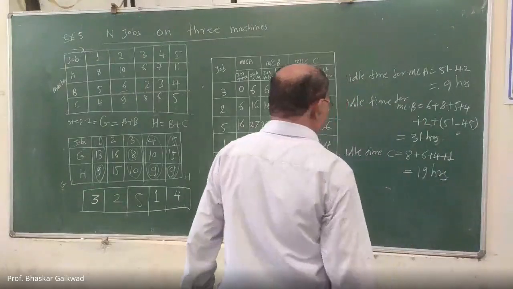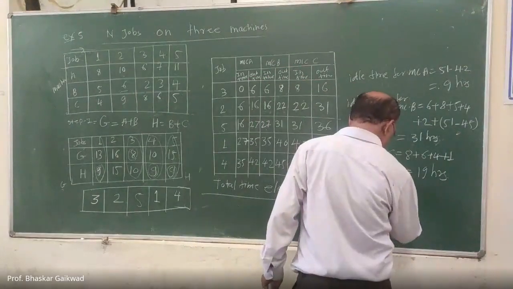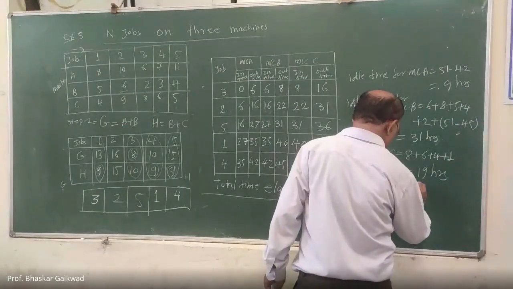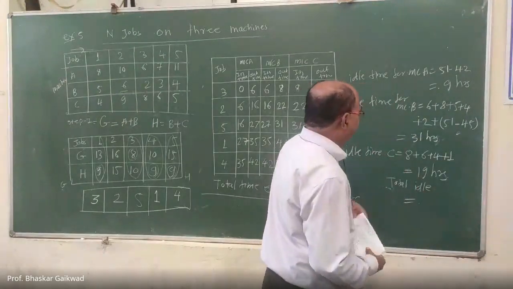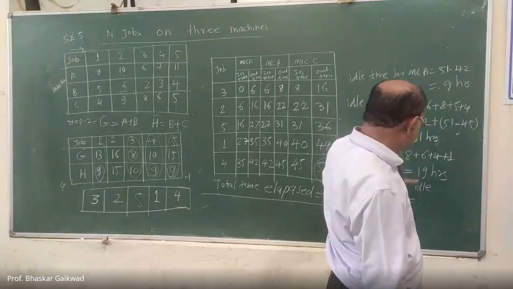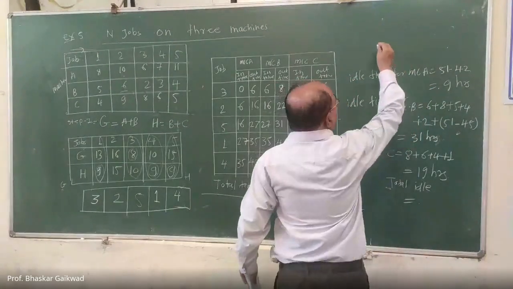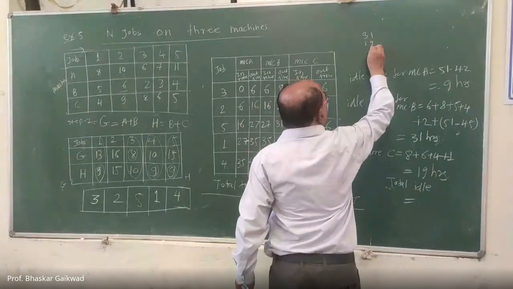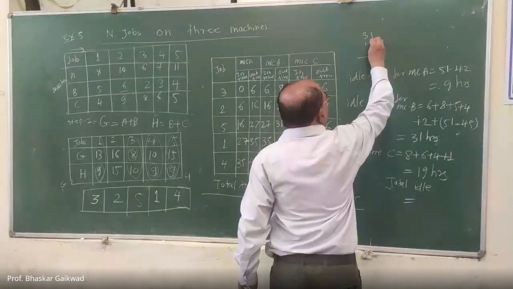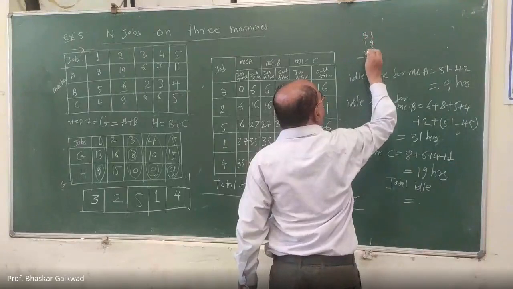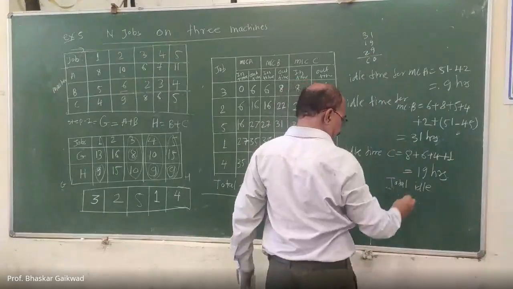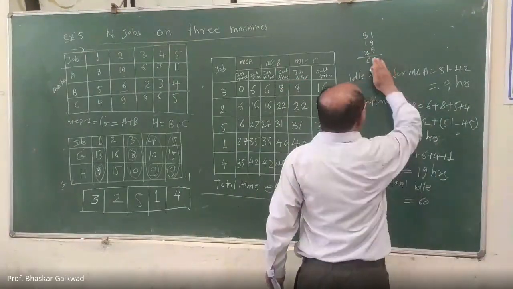So what is the total idle time? Total idle times for all machines. So here it is 9 plus 31 plus 19 plus 9... 16 hours, you can check.